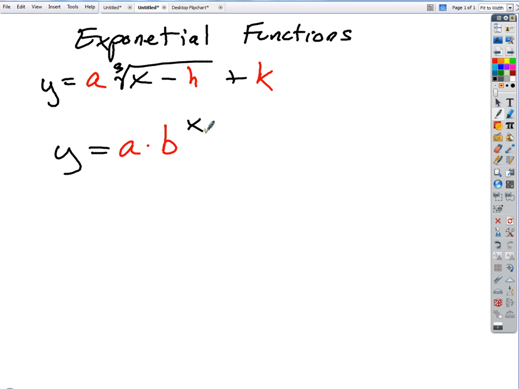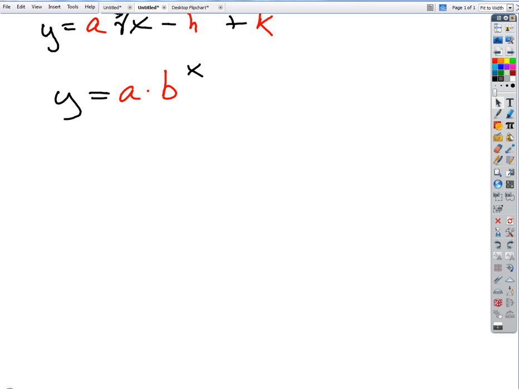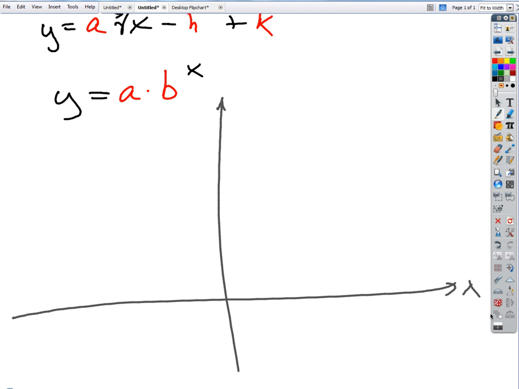So if we want to look at what the graph of this thing is going to look like, let's take a quick look at this. If we're going to graph this on the xy plane, let's first see what would happen if x were 0. If x were 0, what's going to happen to that function? A times, John? 1.